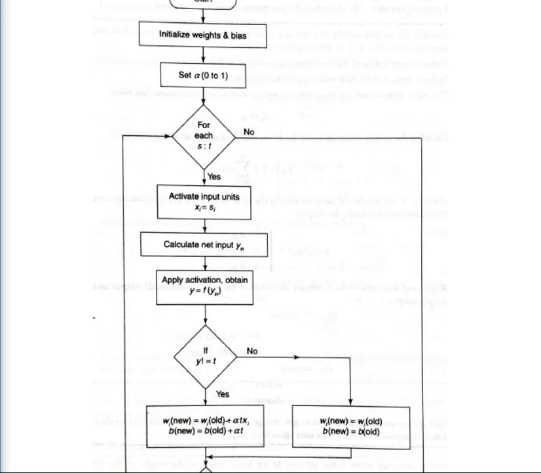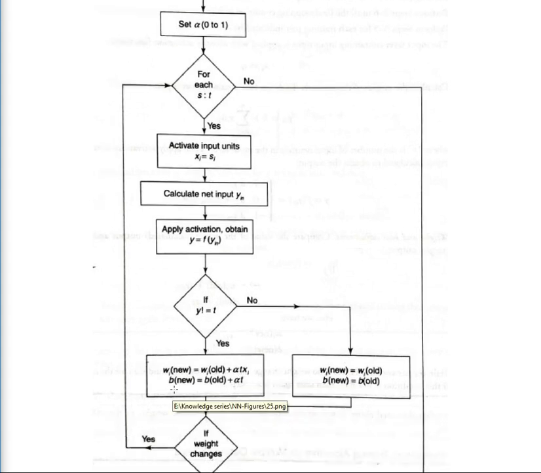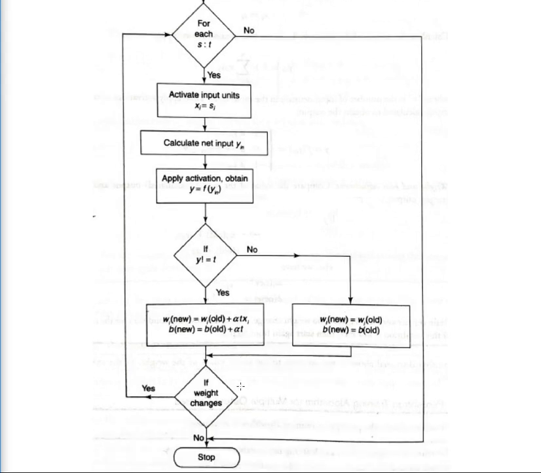So w new is equal to w old plus alpha times t times x of I, and similarly b new is equal to b old plus alpha times t. This is how we continue, and that gives the new weight change, and then again it verifies for the given s equal to t. Once everything is satisfied, it will terminate and stop.